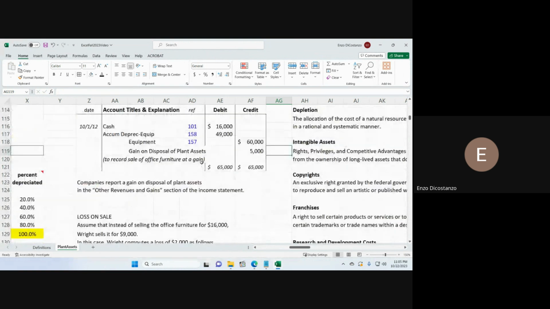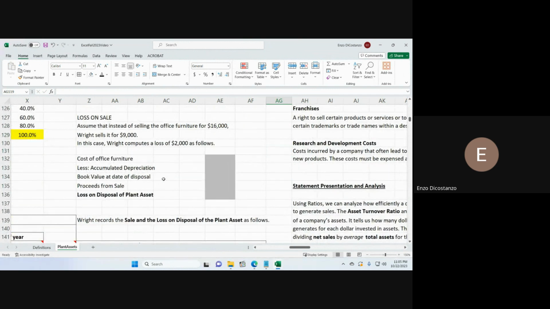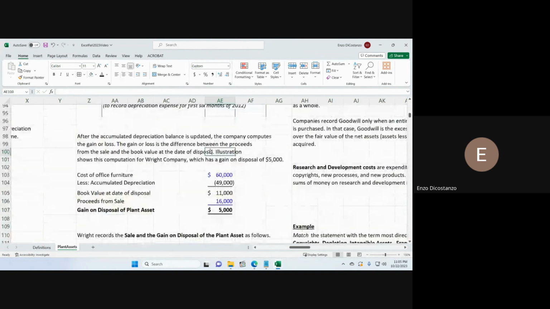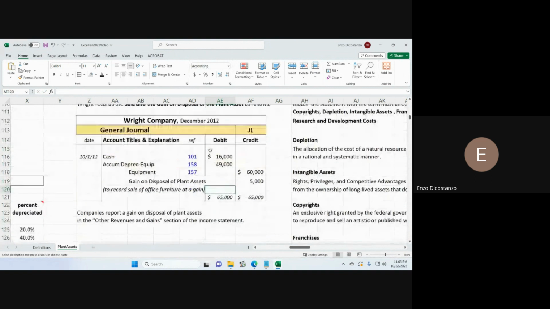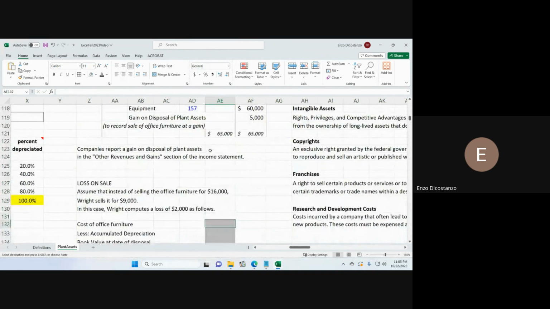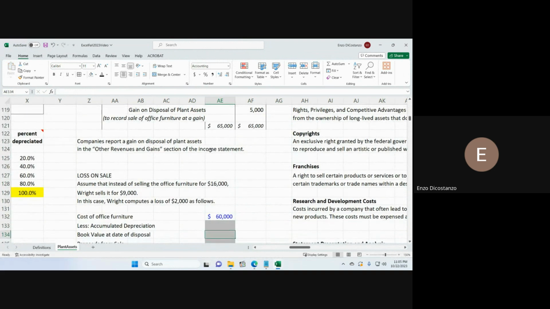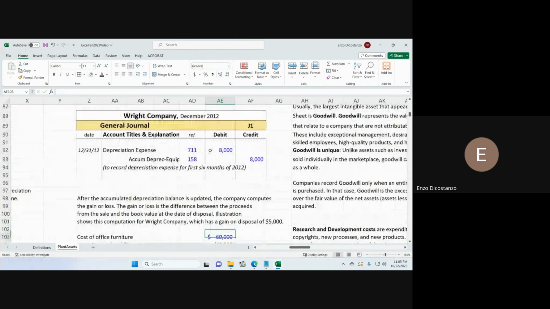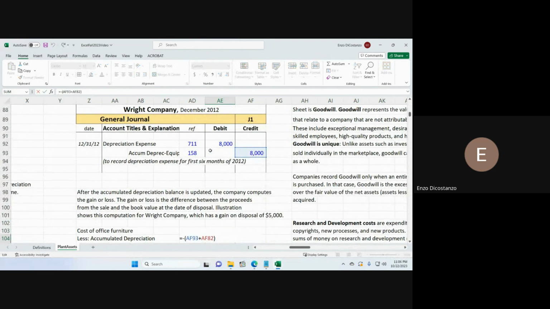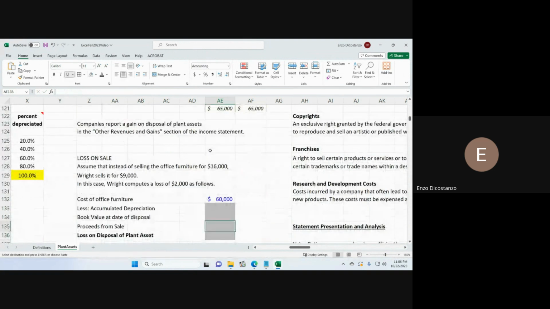And the last thing we're going to talk about. So this is other revenues and gains. It says instead of selling the furniture for 16, you sold it for 9. So this is the same problem, but this is doing it for a loss. So cost here would be 60, that'd be 60,000. The accumulated would be those two again. So copy.